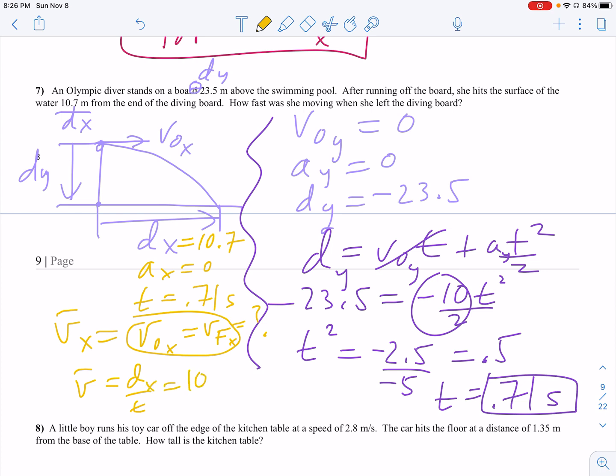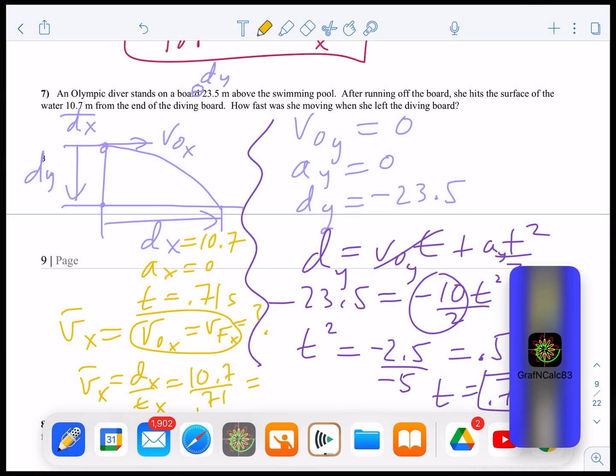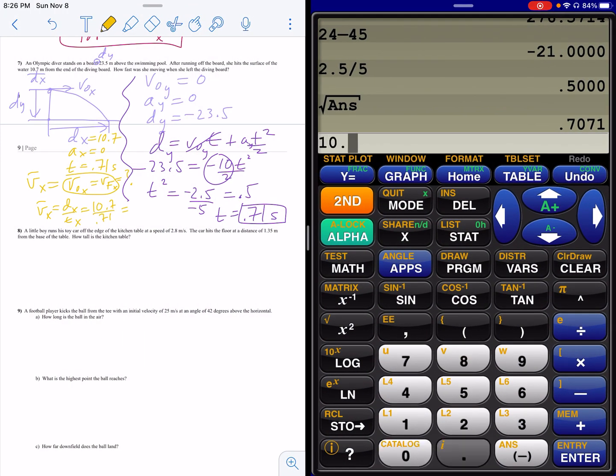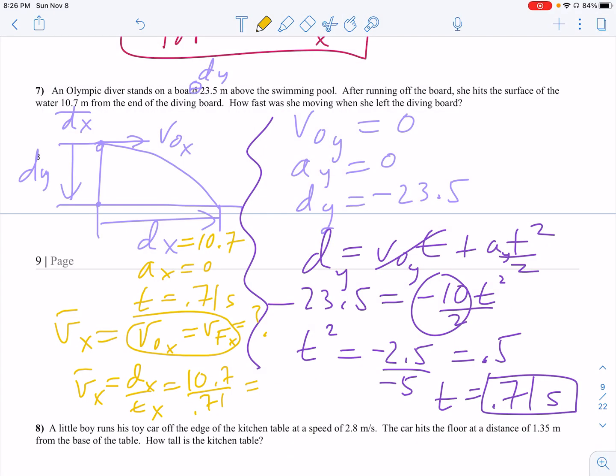I'm using x values. Dx is 10.7 divided by 0.71. 10.7 divided by 0.71 is 15.1. So he's sprinting off that thing at 15.1 meters per second. That's what my VOX is.